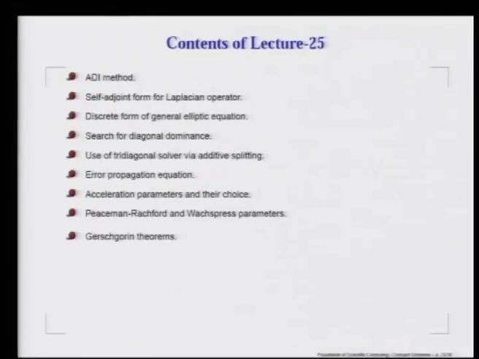We also notice that this ADI method utilizes the analytic solutions of tridiagonal linear algebraic equations. That is what we actually do in a two dimensional problem. We split it in an additive fashion, and in each step of the ADI method we go along one particular direction.